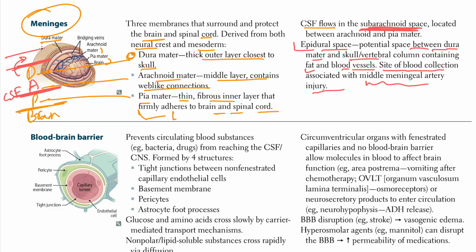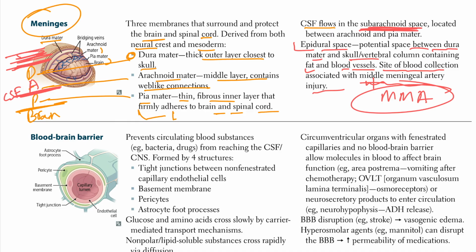If you injure the middle meningeal artery, MMA, that's going to give you a lot of fluid or blood collection in the epidural space, and that's all about the meninges.